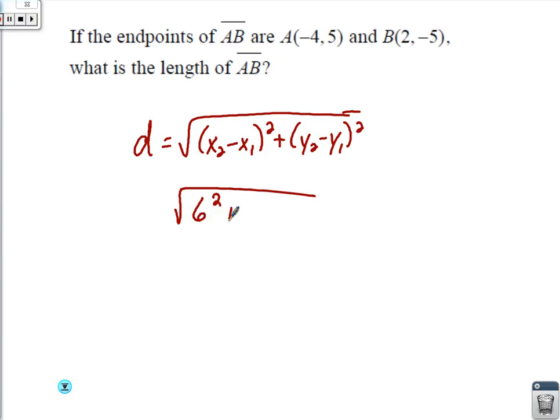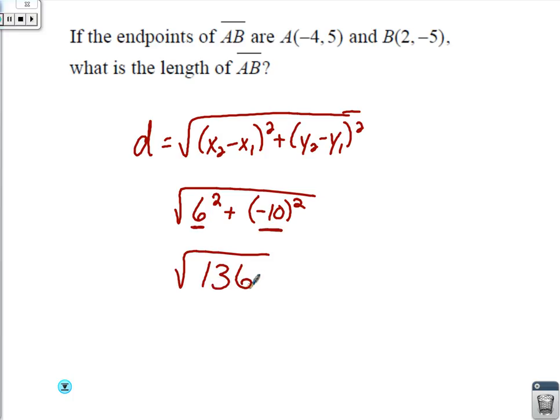So 6 squared, remember that 6 from a while ago? And negative 5 and 5, subtract those together. Negative 10. Remember that 10 from before? Now we did 10, we didn't do negative 10. Doesn't matter. What about squared? 10 squared is 100, negative 10 squared is 100, same answer. So that's the square root of 36 plus 100, which is root of 136.